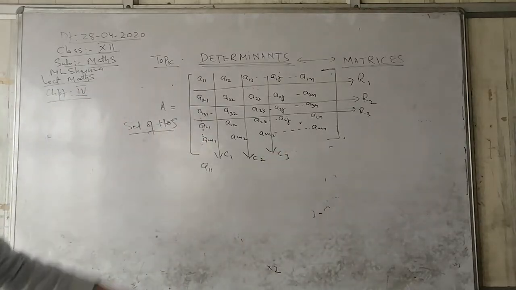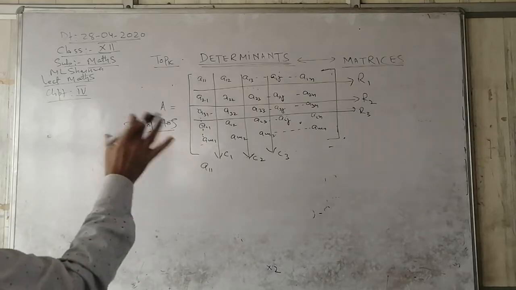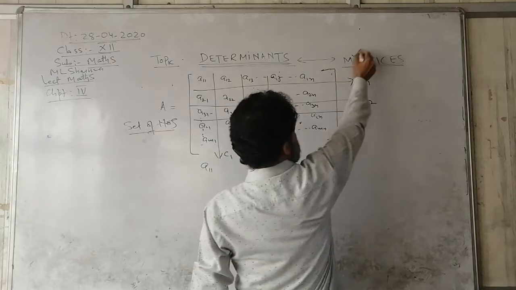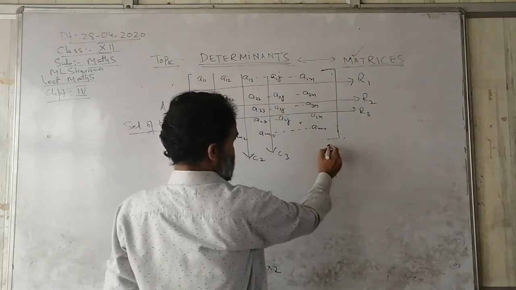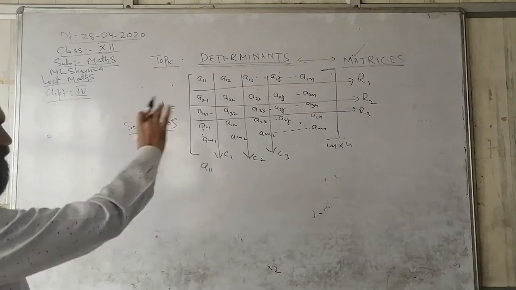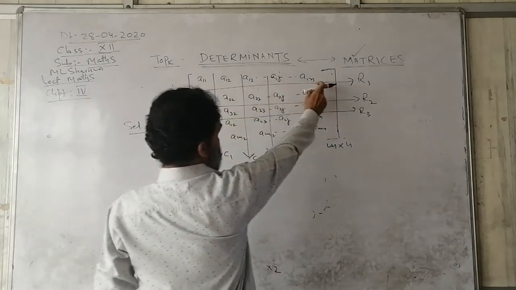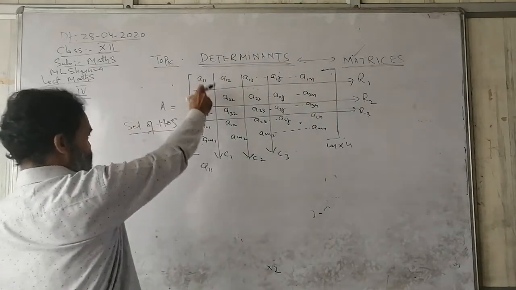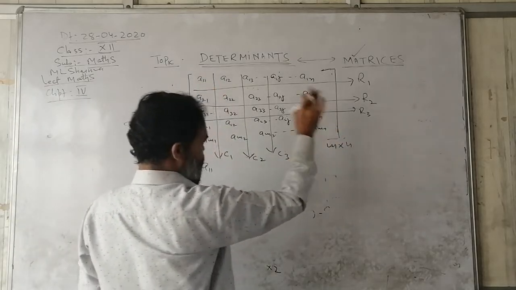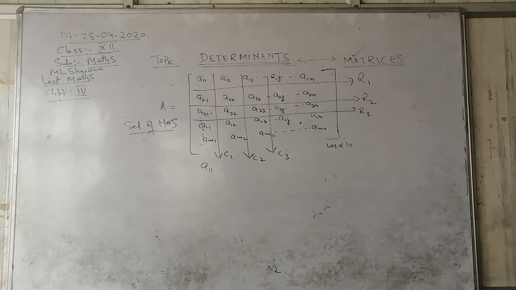So this rectangular array of numbers is known as the matrix, and this matrix is having order m into n, because I have taken numbers along this side up to m times, and along this column up to n. So this is a matrix of m into n order.